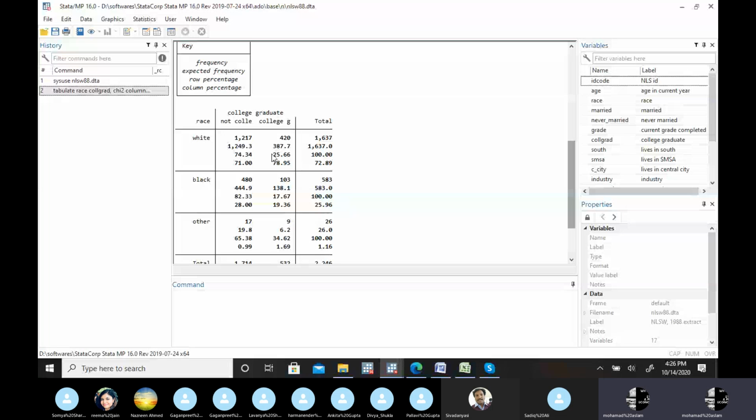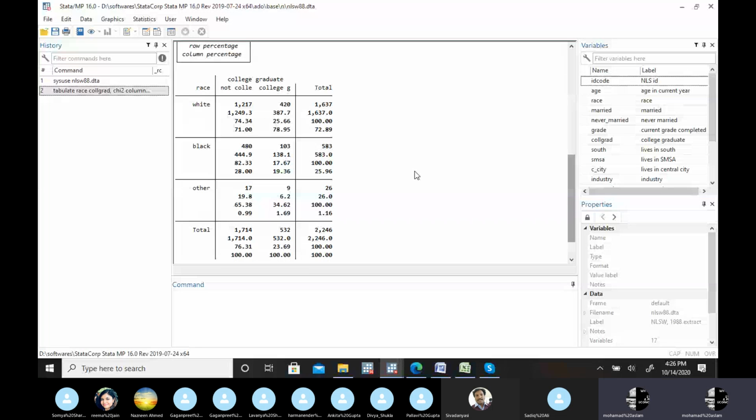Then there is a column percentage: out of total not college graduates, 71% are from white, 28% from black, approximately 1% from other. And here you have row-wise percentages, like in case of black, 82% are not college graduate and 17% are college graduates. In the others, 65% are not college graduate and 34% are college graduate.